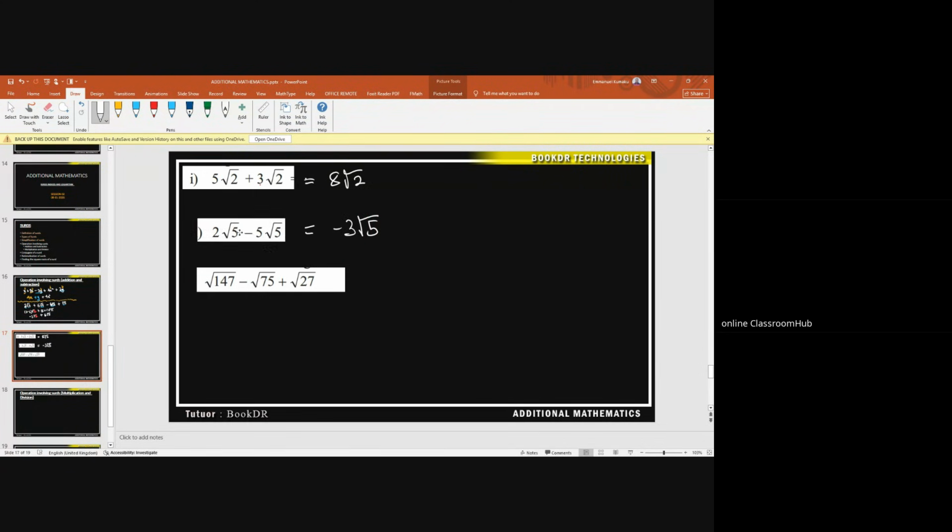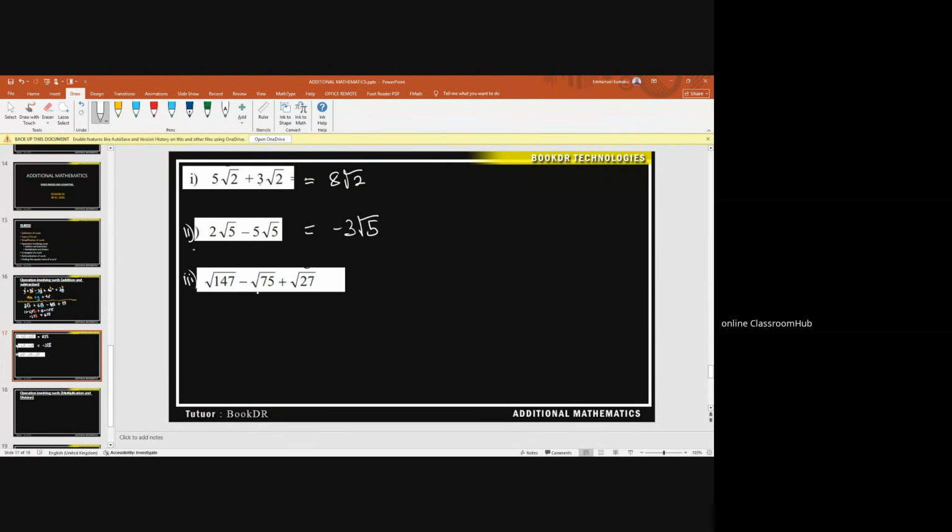For the third question, at the initial stage, you may think that the surds are not like surds, but they are, unless you simplify them. If you don't simplify them, you will not know that they are like surds.